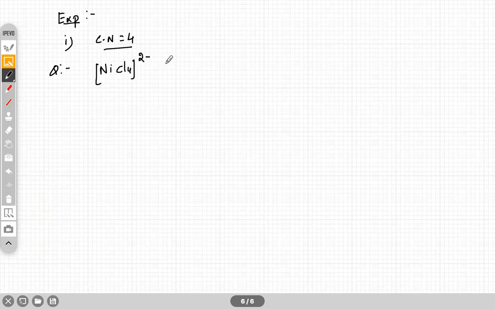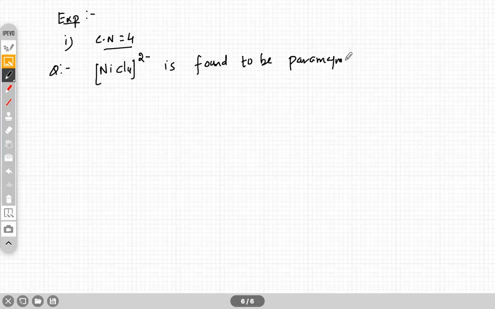Example we are taking for coordination number 4. First one. See this question. We have NiCl4 2 negative, which is found to be paramagnetic.